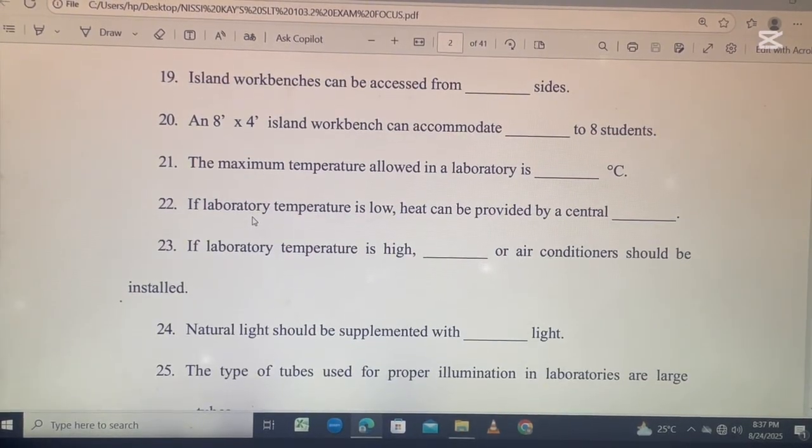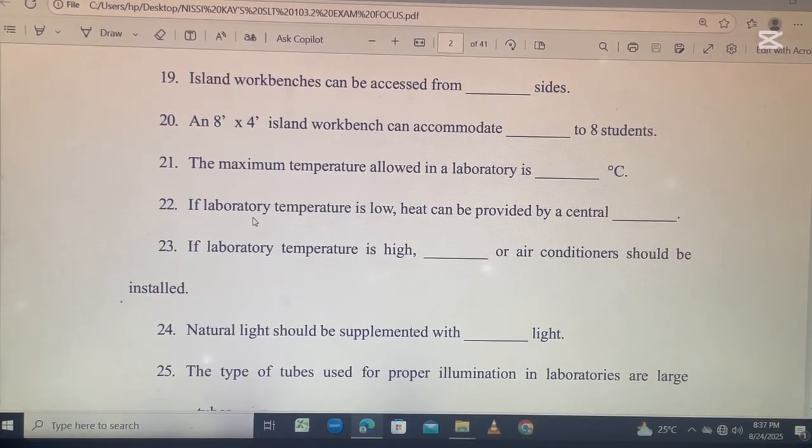Now, an 8 by 4 island workbench can accommodate 6 to 8 students. That's the range of students that an 8 by 4 island workbench can accommodate. The next question is: the maximum temperature allowed in a laboratory is 20 degrees Celsius. That's the maximum temperature allowed in a laboratory.